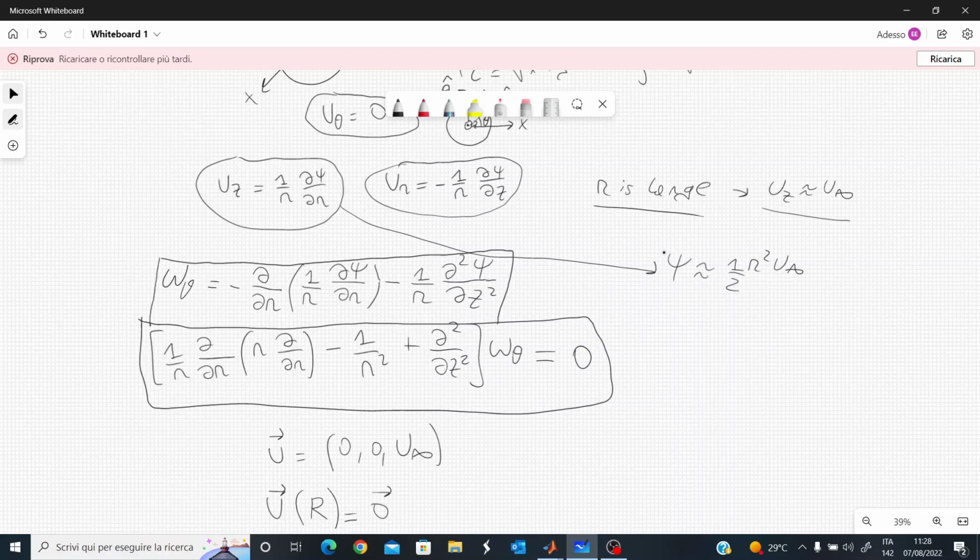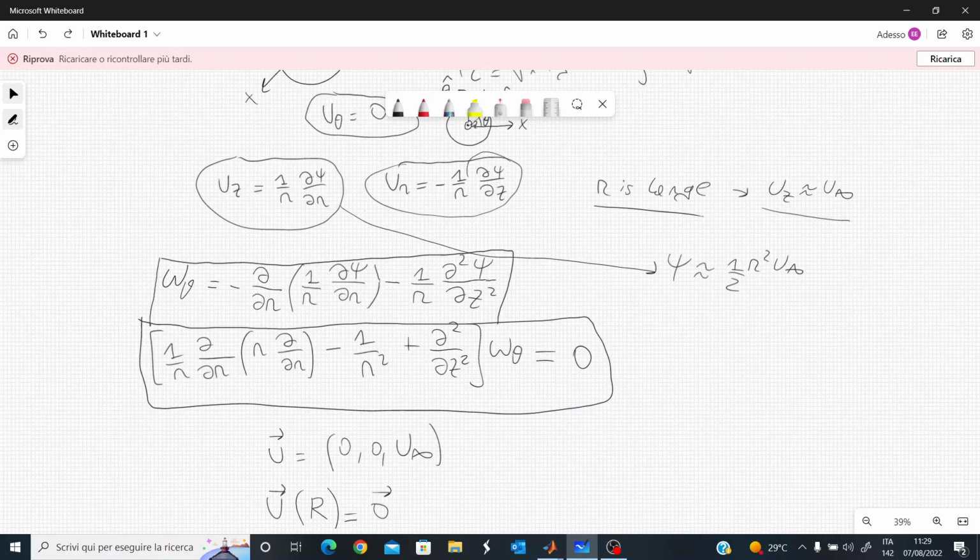Let me stress that. And then, what about z? So if z is very large, for example, if we go very far away, ur should be 0, right? Because the component along r should be 0. We only have a component along z.